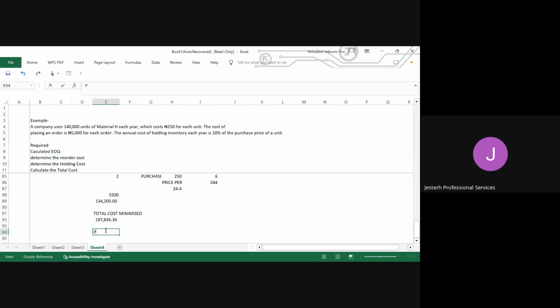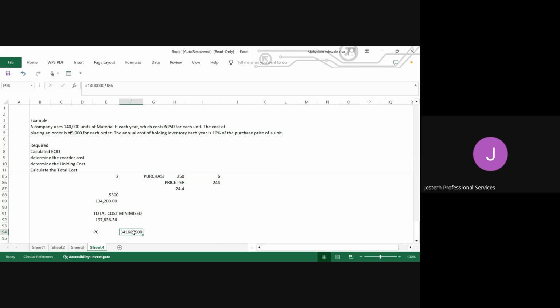Then what is going to be our purchase price? Our purchase price is total annual demand, which is 140,000, multiplied by the price per unit. Remember, our price per unit, we have already arrived at here to be 244 naira, since the supplier is giving us 6 naira as the discounts. Now you multiply it by this.